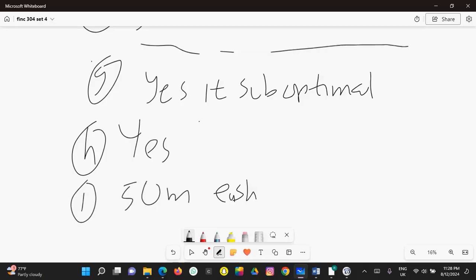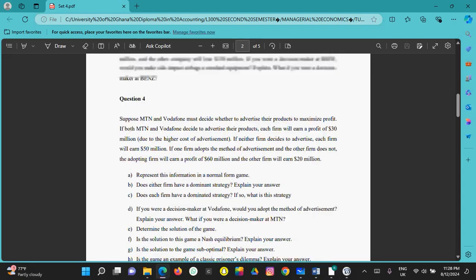If collusion is possible, firms will choose not to advertise since that is the optimal solution and gives them the highest payoff of 50 million each. Right. So that is it for question 4.